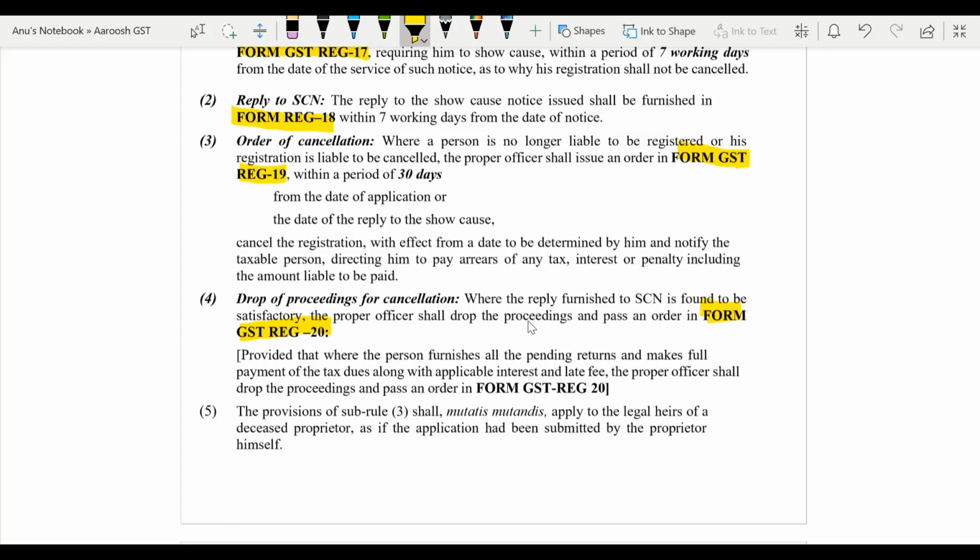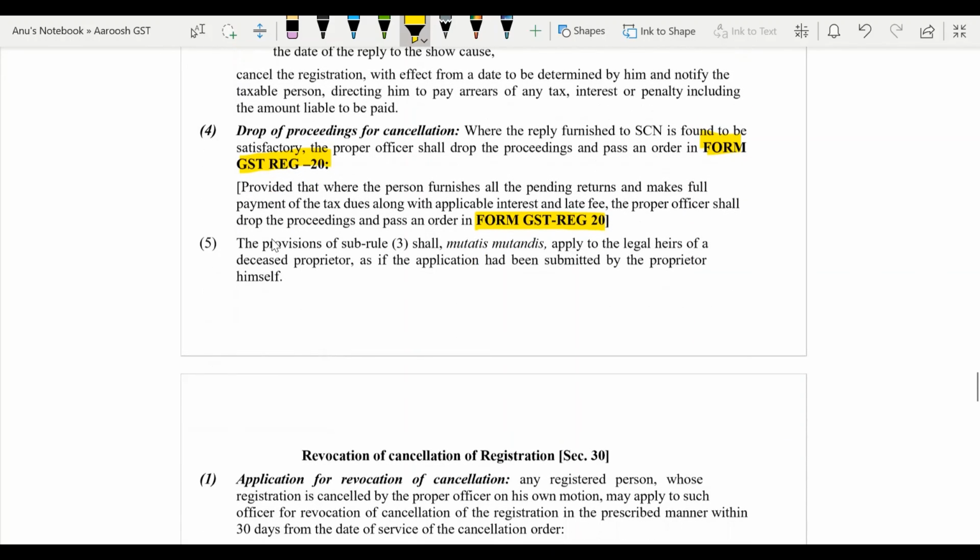And he or she decides that the registration should not be cancelled now, then he or she can pass an order on the proceedings in Form GST Reg 20, provided that where the person furnishes all the pending returns and makes full payment of the tax dues along with applicable interest and late fee, the proper officer shall drop the proceedings and pass an order in Form GST Reg 20 as explained to you above. 5. The provisions of Sub-Rule 3 shall mutatis mutandis apply to the legal heirs of a deceased proprietor as if the application had been submitted by the proprietor himself.